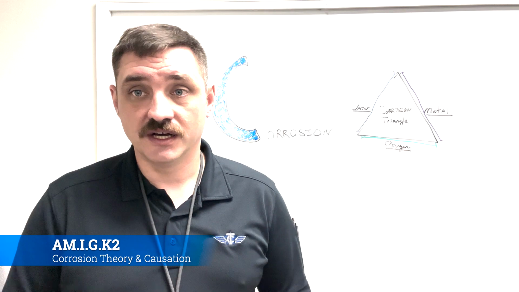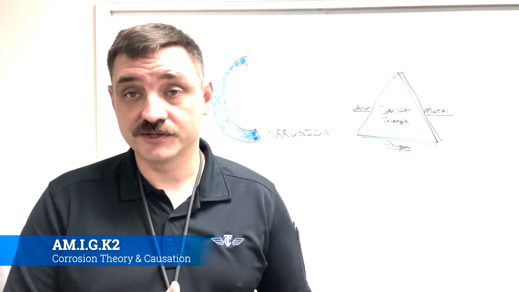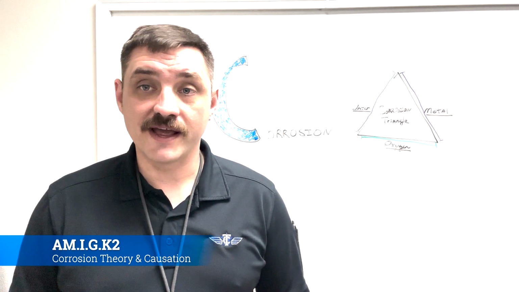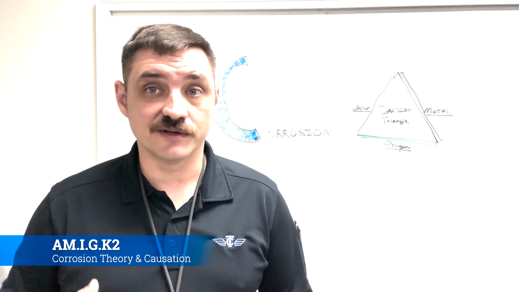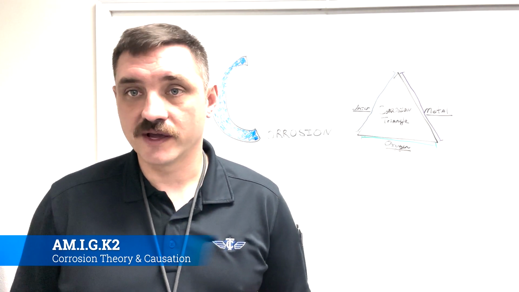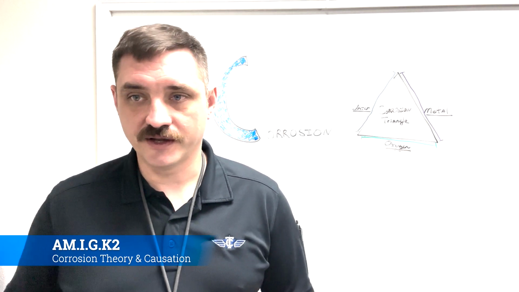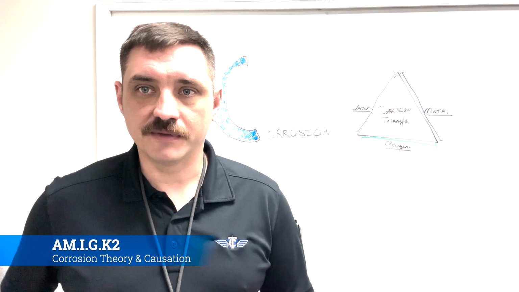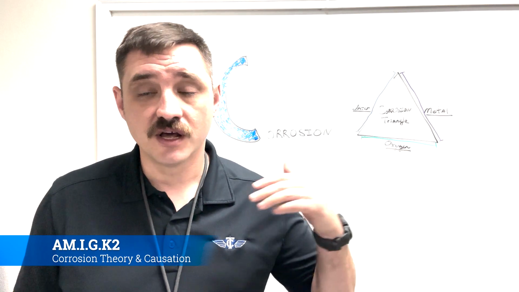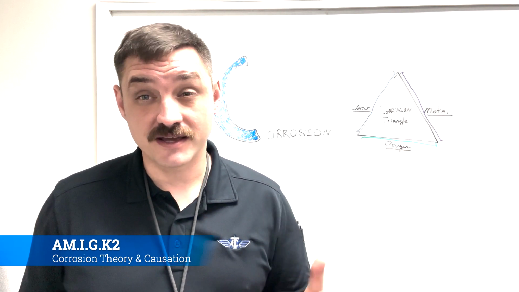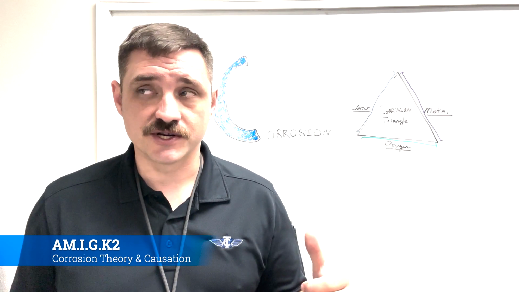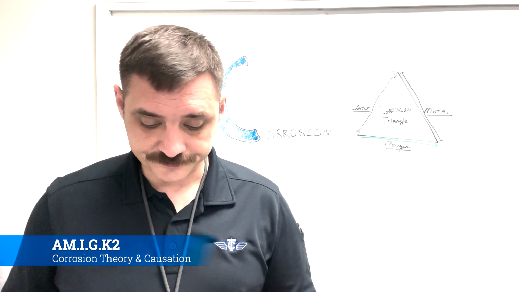Sometimes certain metals can corrode a lot faster than other metals based on the way in which they were annealed and manufactured, poured, and then treated later on, because of the way the electrons at the molecular level are arranged. If you make it very easy to shed electrons, it's going to corrode a lot faster. If you make it a little more difficult because its geometry has changed, that's going to corrode a little bit slower.